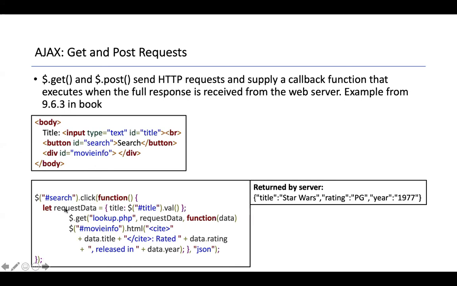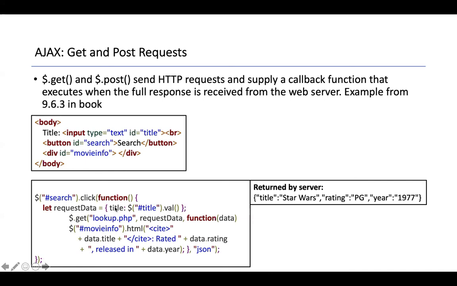What we're doing is we first bundle up our data that we're going to send in the request. So the title is whatever the value is in this text object. So we got the title and we got its value. Whatever the value of this input item was, the jQuery val function returns its value. So that will be associated with title.